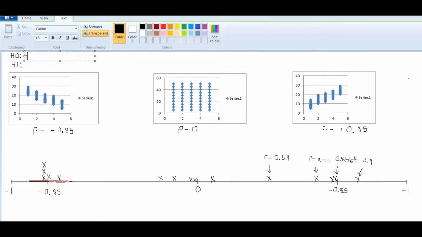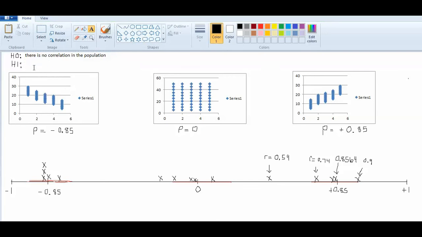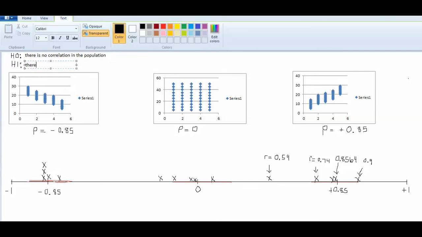H0 says there is no correlation in the population. H1 says that there is a correlation in the population.